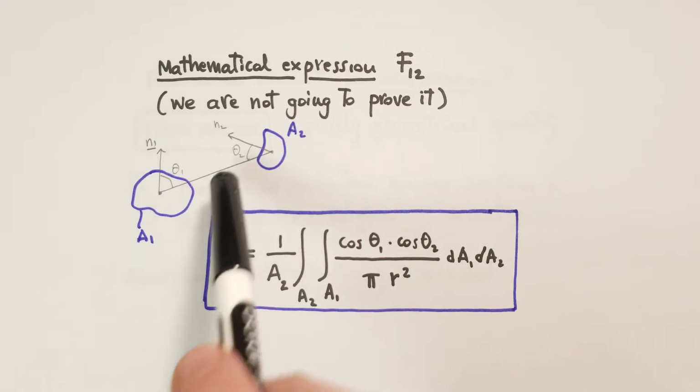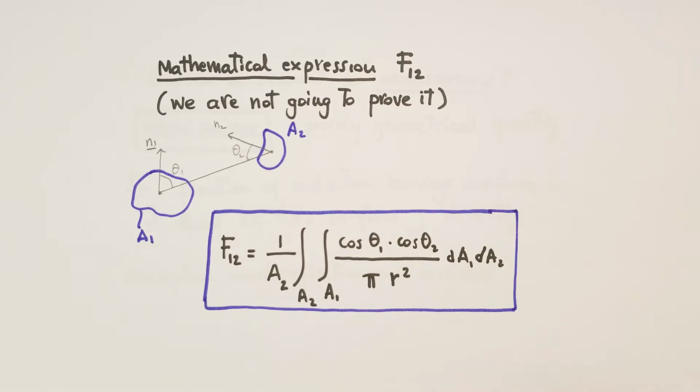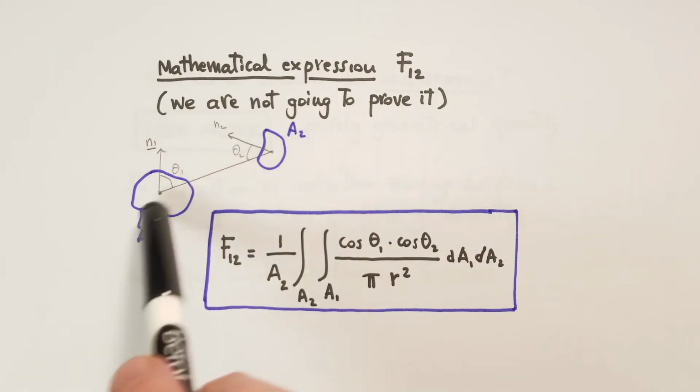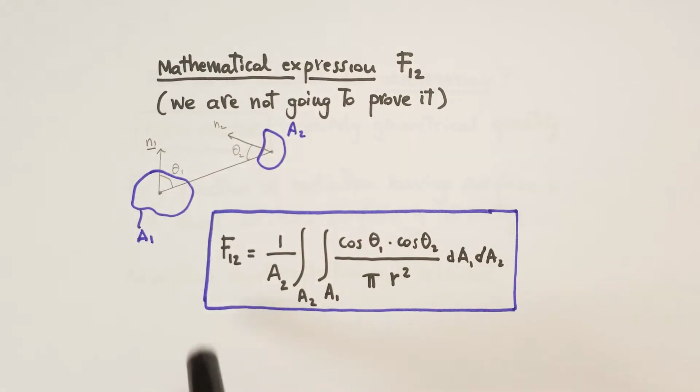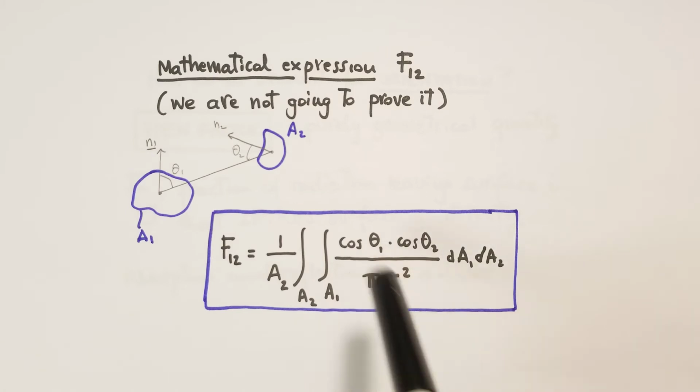Analogous is the definition of θ2. That's the angle between the unit vector n2 and the direction between the two surfaces. So F12 has a double integral over the two surfaces, where the angles θ1 and θ2 vary.